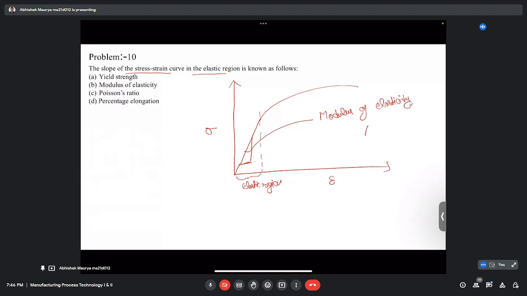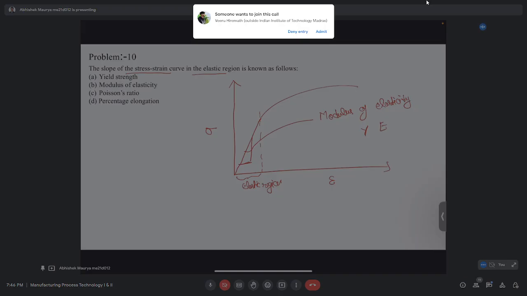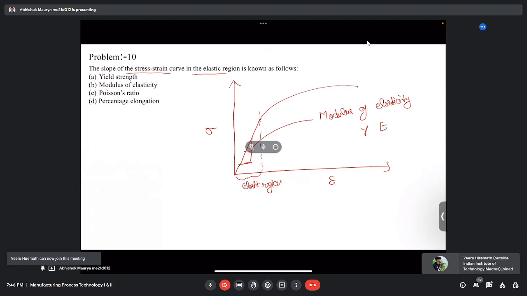Many letters are used; sometimes Y is used, or E is used to represent the modulus of elasticity. It is fixed for a particular material. Like if we have iron, it has a fixed modulus of elasticity, and copper has a different one. This is a fundamental material property.